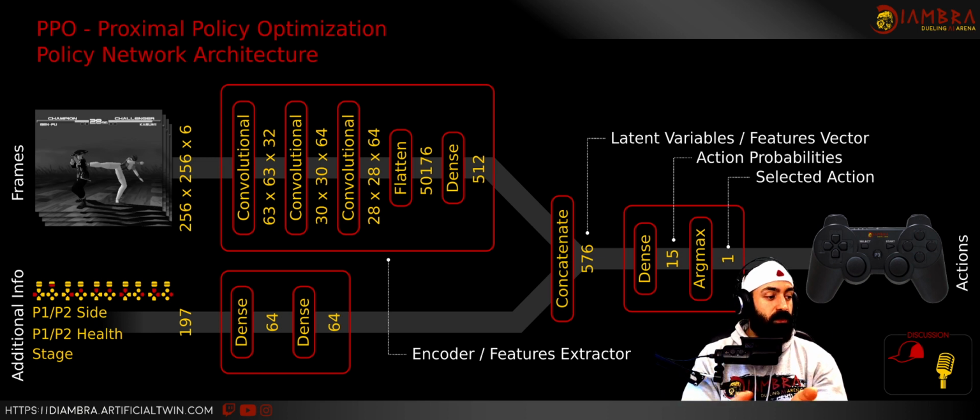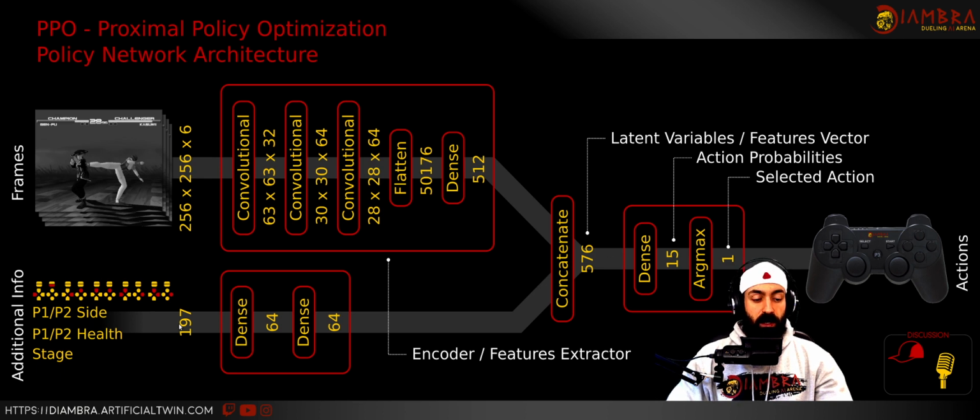Okay, you can start from that baseline and then improve it from there. Now, you see here basically the same structure, only two different numbers. The first one is additional info, moved from 161 to 197, and number of action probabilities from 12 to 15.